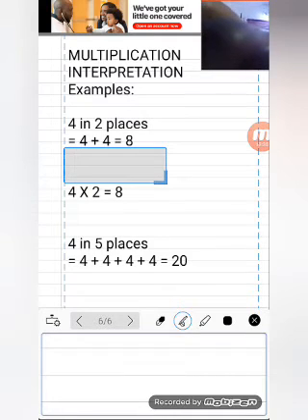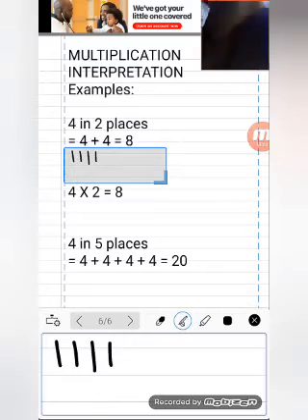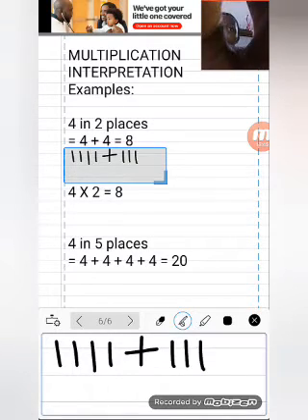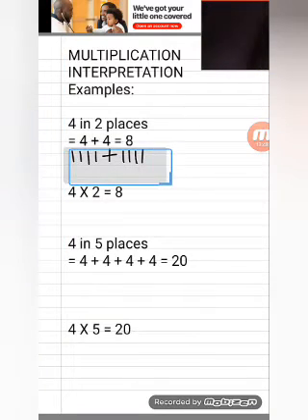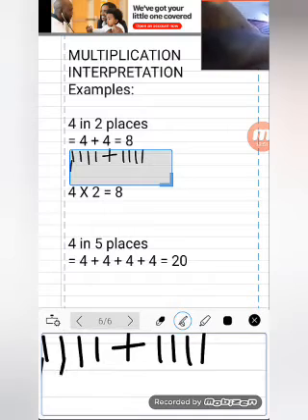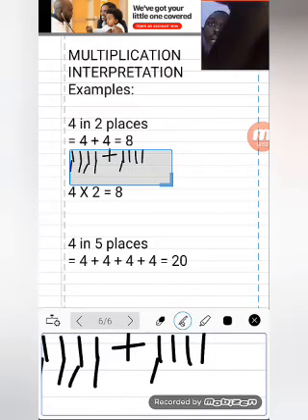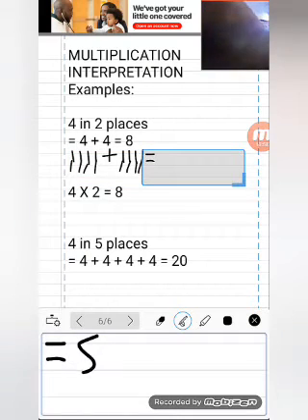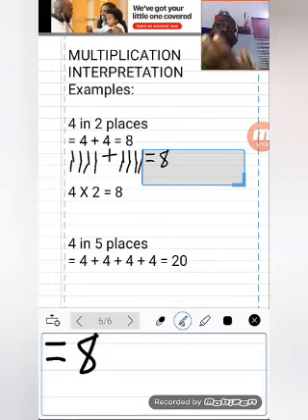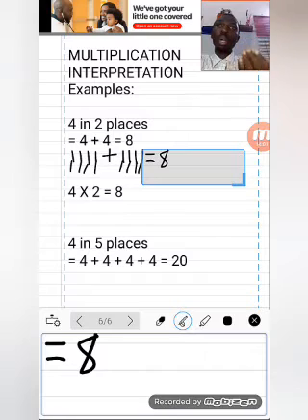It is as though you're saying 4 strokes, 4 and another 4, 1, 2, 3, 4. So if you count it all together, you should be getting 8. 1, 2, 3, 4, 5, 6, 7, 8. So that is 8. So you can see 4 in 2 places means 4 plus 4, and that is 8.